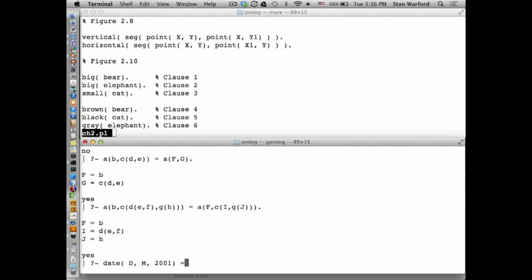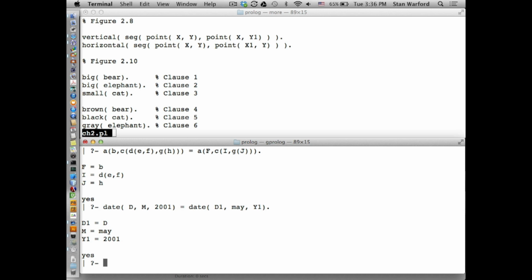And we're going to match that date with date D1, May, Y1. Do these dates match? Yes, and how do they match? D equals D1, M equals May, Y1 is 2001. Is everybody good? See how we can do stuff like that?